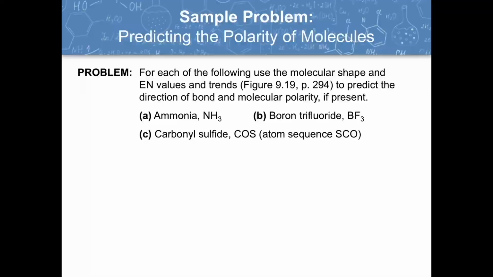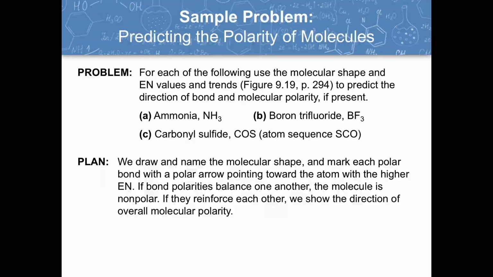So let's work on some examples. For each of the following, use the molecular shape and electronegativity values and trends, which can be found in your book, figure 9.19, page 294, to predict the direction of bond and molecular polarity if present. We have the following compounds: ammonia, boron trifluoride, and carbonyl sulfide.